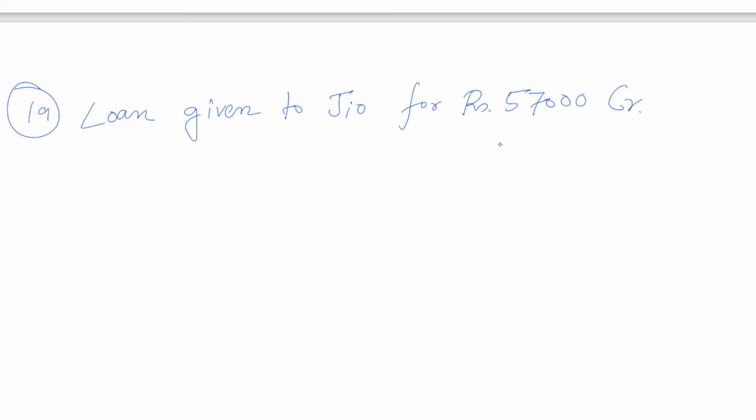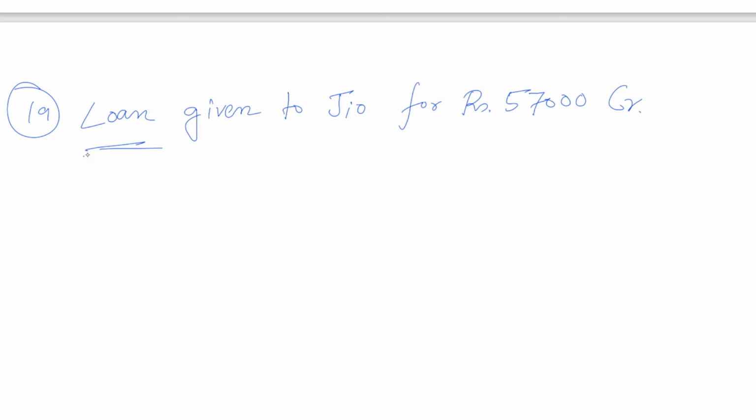We are writing crore, otherwise it will be a small amount, no? So what will be the journal entry? For example, it will be from bank, definitely it's a big amount. So from bank we have given the loan to Geo.